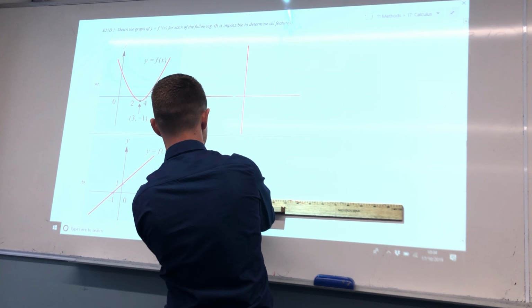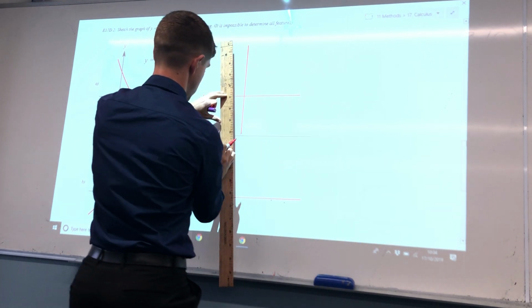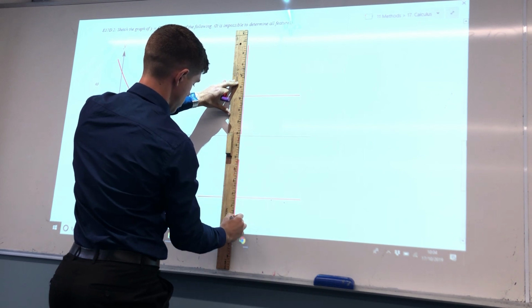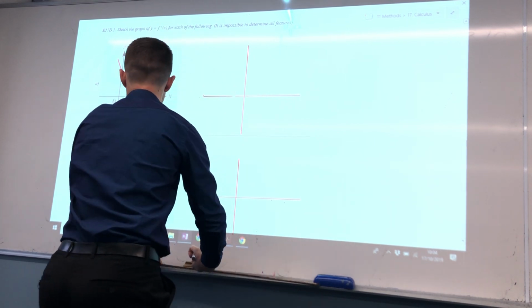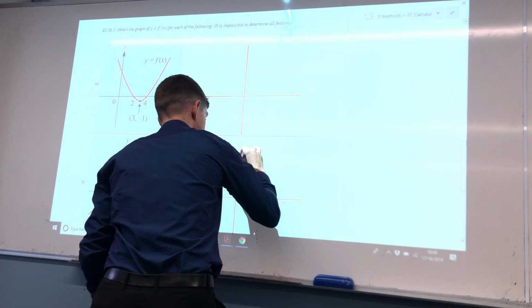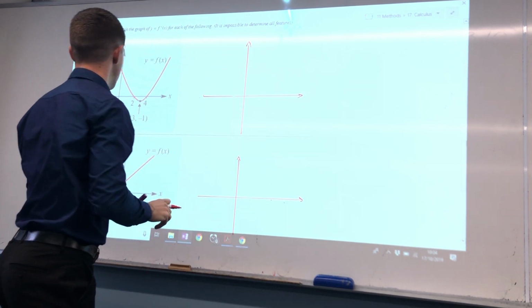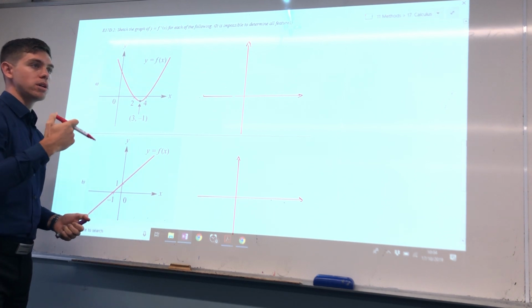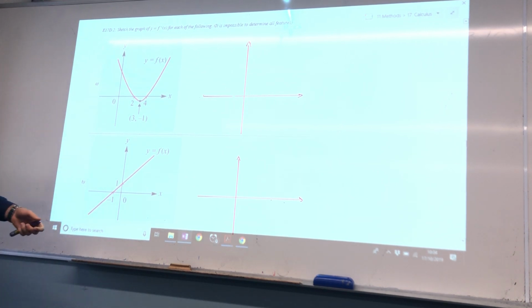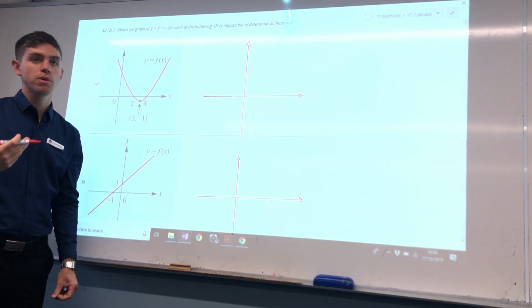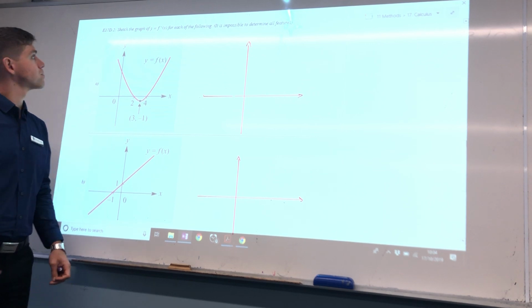Alright, now I just want to put some labels on these axes, but I want to do that in just a minute. I'm making a point about labeling the axes because that's where people often make mistakes.